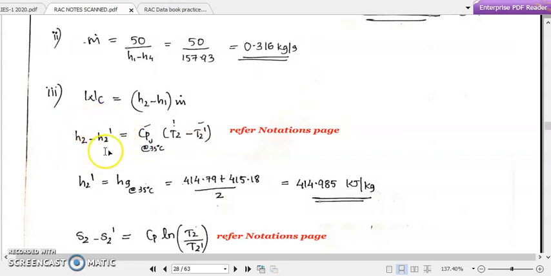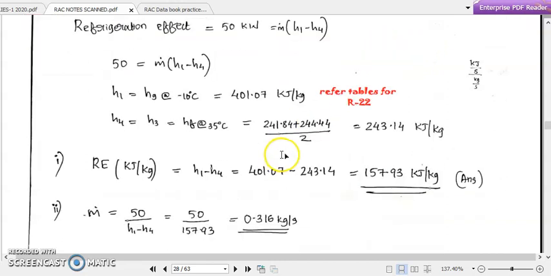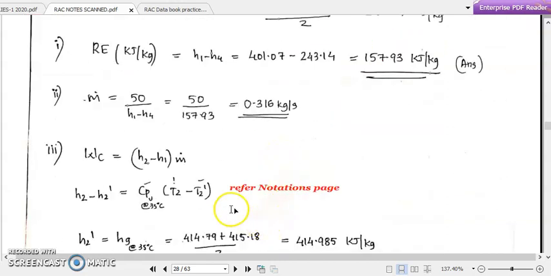We have already learned it in our junior classes: enthalpy difference will be equal to Cp delta T. Here we are writing that only. So enthalpy at 2 will be equal to enthalpy at 2 dash plus Cp delta T, where delta T is T2 minus T2 dash. If you can remember that, it will be well and good.